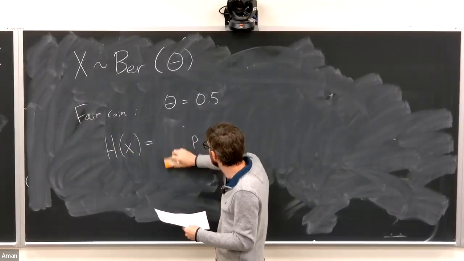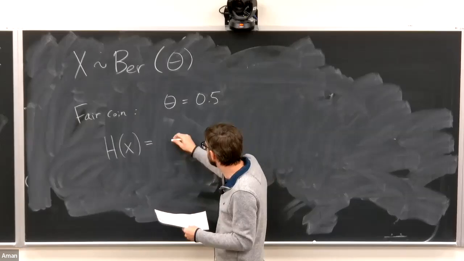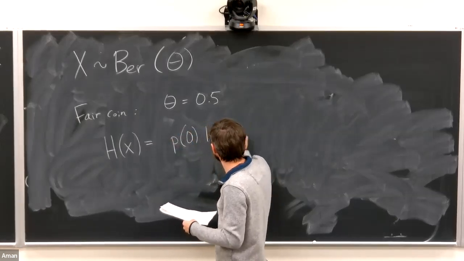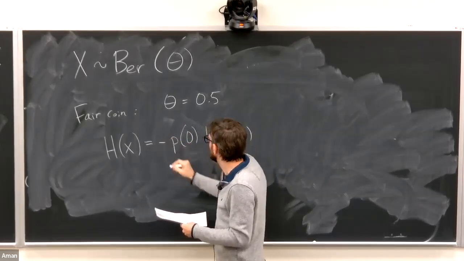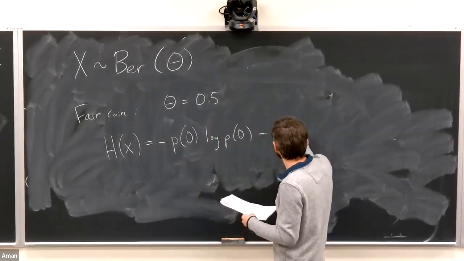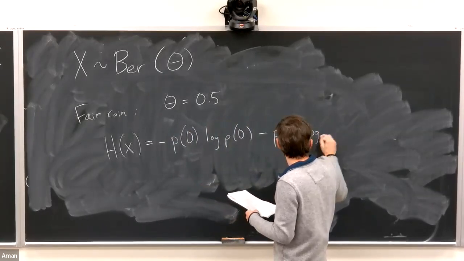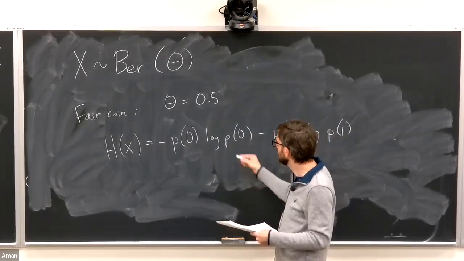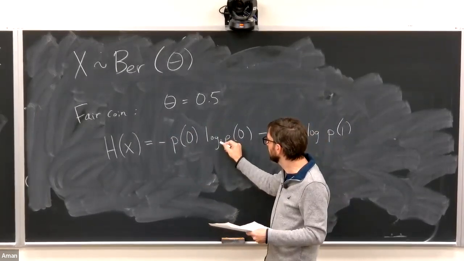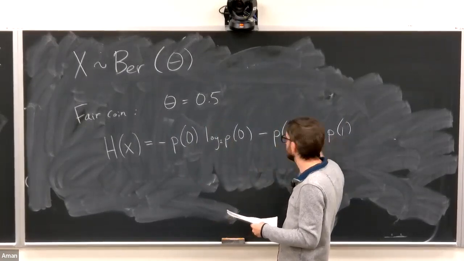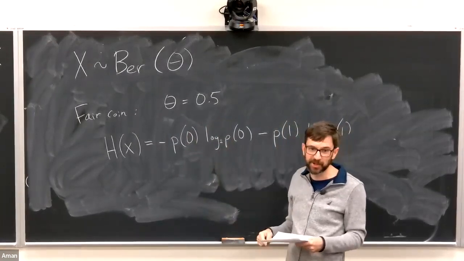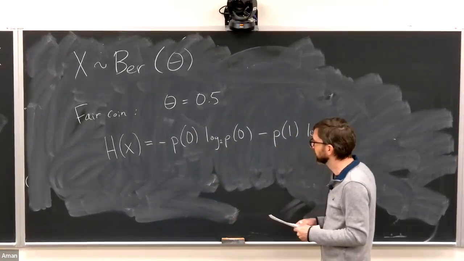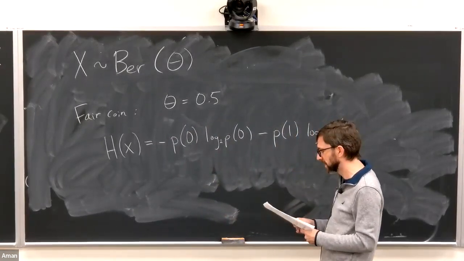We know the outcomes are either 0 or 1, so I won't write it as a sum: minus the probability of 0 times the log probability of 0, minus the probability of 1 times the log probability of 1. Because I'm doing binary things, I'll put a base 2 on my log. I left it ambiguous over there, but let's do it base 2 for binary purposes here.